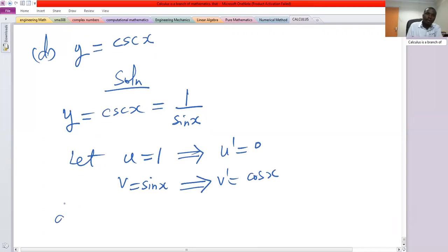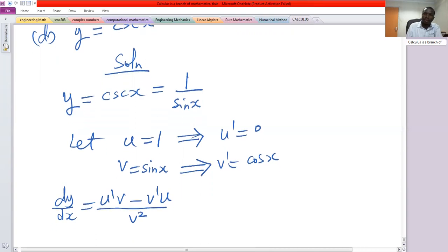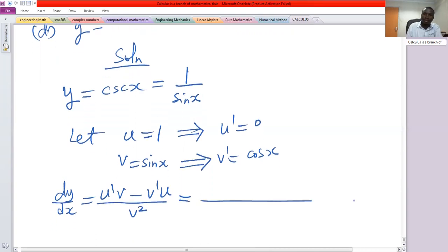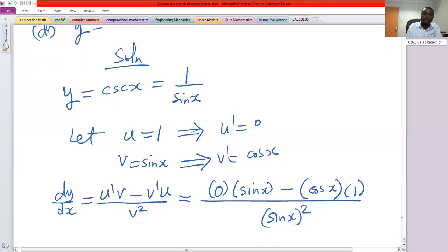Now dy dx is u prime v minus v prime u divided by v squared. So replacing the values, for u prime we put 0 times v, which is sine of x, minus v prime, which is cos x, times u, which is 1, over v squared, which is sine of x squared.